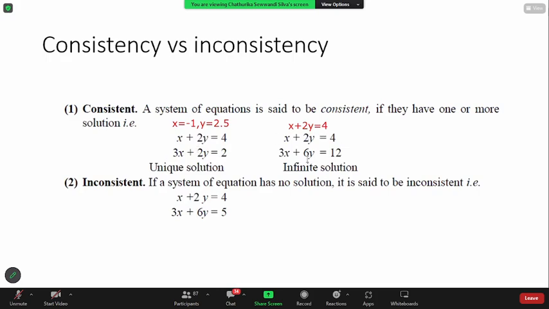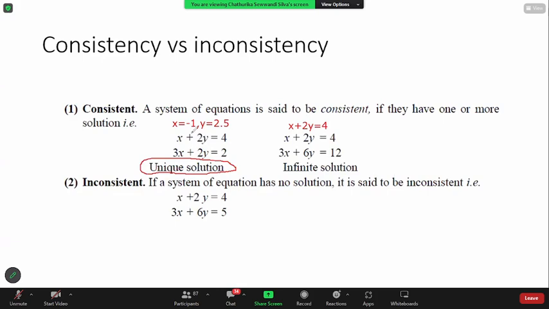But here the problem is, look at what they have indicated. After these two equations, they are saying unique solution. That means these two equations have a unique solution.